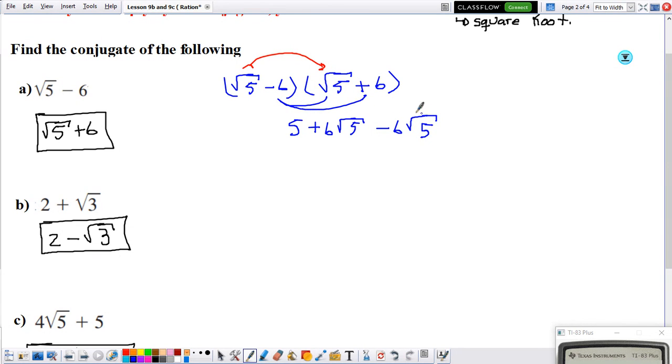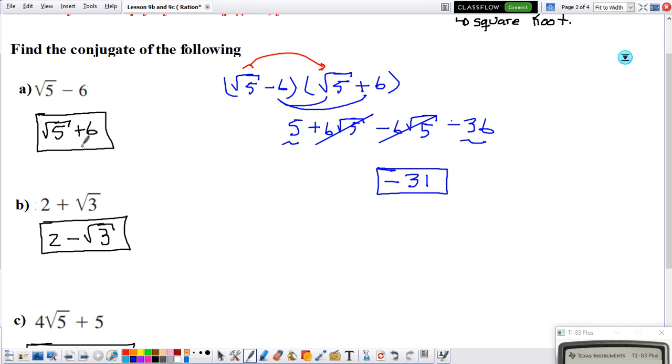And negative 6 times positive 6, that's equal to just negative 36. Now notice what's going to happen here with the square roots. They will cancel out because you have positive 6 square root of 5 minus 6 square root of 5. They will cancel out. Then you can just combine like terms here. So now this becomes negative 31.